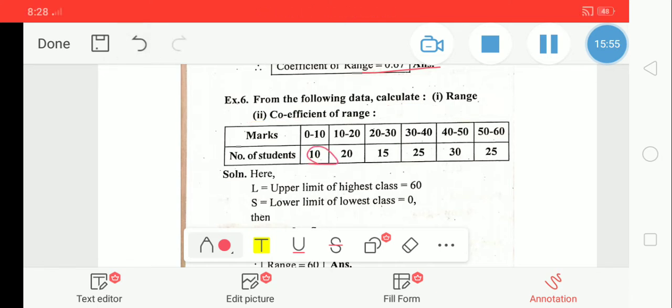Here 10 students have marks between 0 and 10, here 20 students have marks between 10 and 20, here 15 students have marks between 20 and 30, here 25 students have marks between 30 and 40, here 30 students have marks between 40 and 50, and 25 students have marks between 50 and 60.